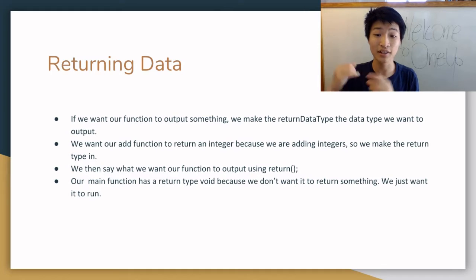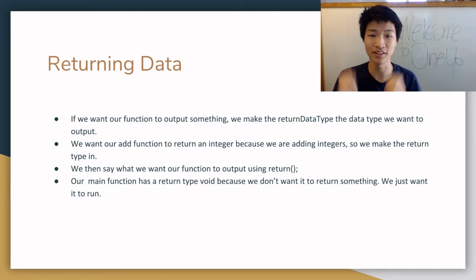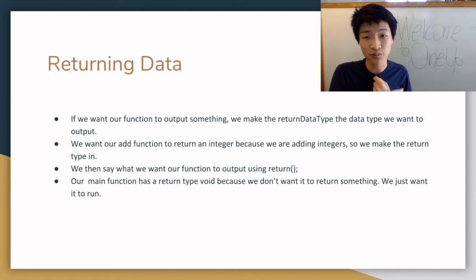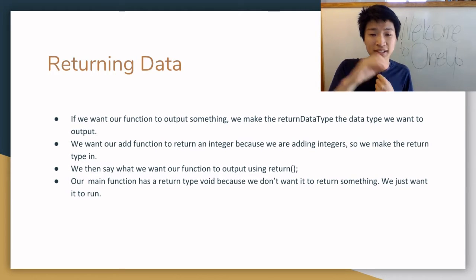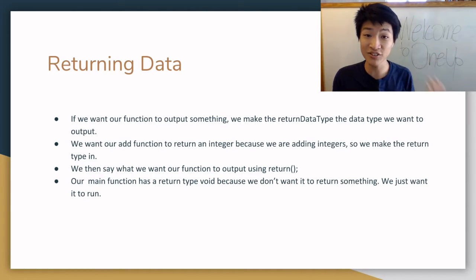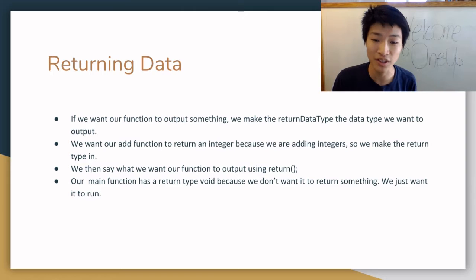And then we just say return, and then whatever we want it to return. Now, why does our main function have void? It's because we don't want our main function to return anything. It's the first thing that runs, so there are no functions that are using it, and there's nothing to return. If you just want it to run, you don't return anything.